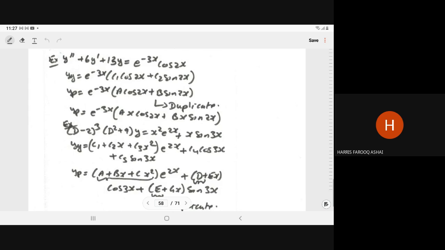y double dash plus 6y dash plus 13y is equal to e to power minus 3x cos 2x. So its reduced equation will be y double dash plus 6y dash plus 13y equal to 0. Auxiliary equation: m square plus 6m plus 13 equal to 0.